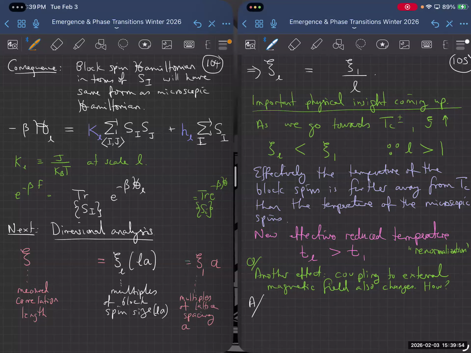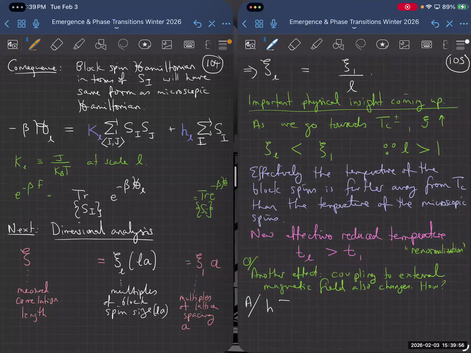So what we're going to say is we're going to look at this term, which in the microscopic Hamiltonian is the sum over i of S_i times our coupling to the external magnetic field. And if I now rewrite this in terms of the block spin variables, then this is going to look like H times M_L bar times L to the D times the sum over the block spin variables S_i.